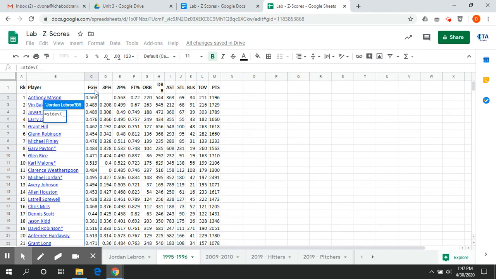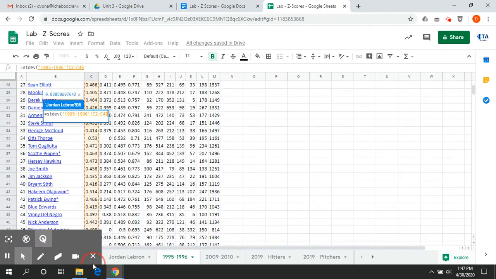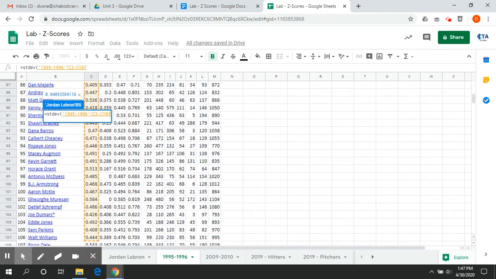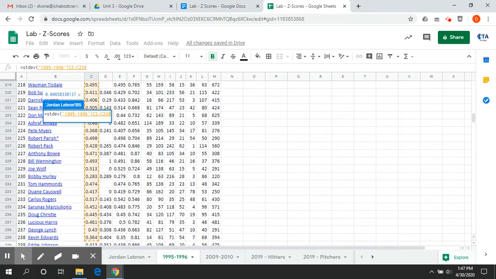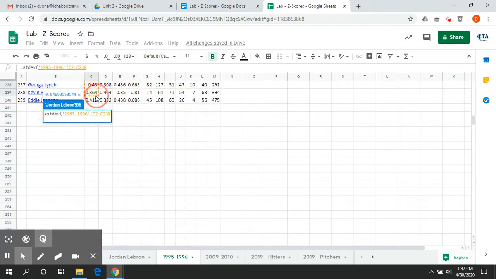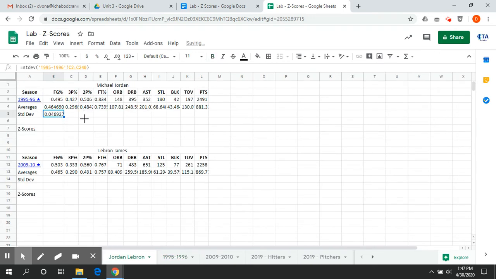Then we're going to do the same thing. I'm going to highlight field goal percentage again, only this time instead of average, we're doing standard deviation. So highlight all that, hit enter, drag it across. Now I have all my standard deviations.